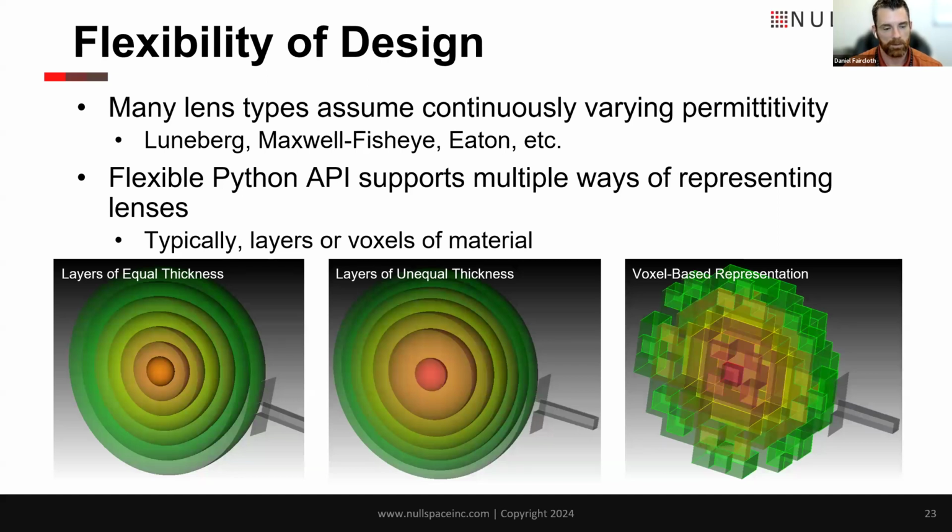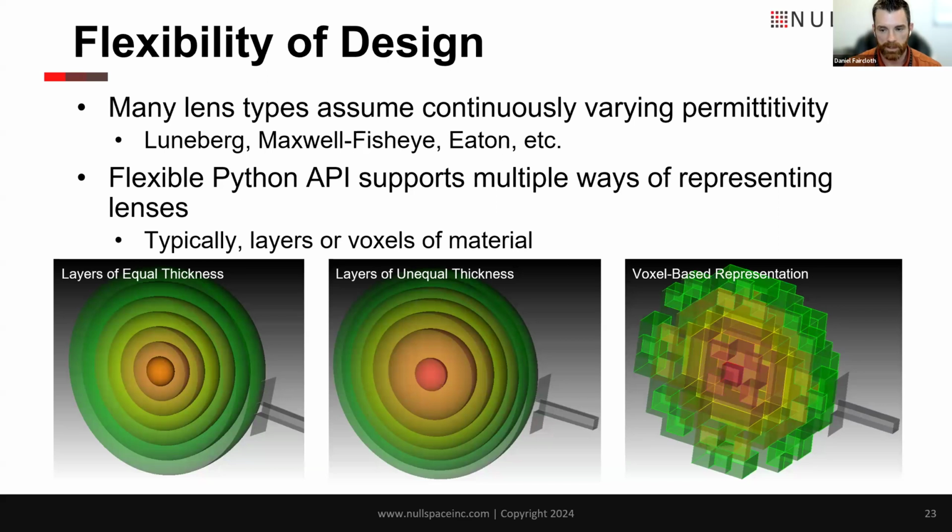I show two typical ways here on the screen. One way is through layers of different materials, and I show two spherical representations there, but obviously you could imagine planar layers or cylindrical layers, or really layers of any shape, if layers is the most optimal way of representing a gradient in the permittivity.